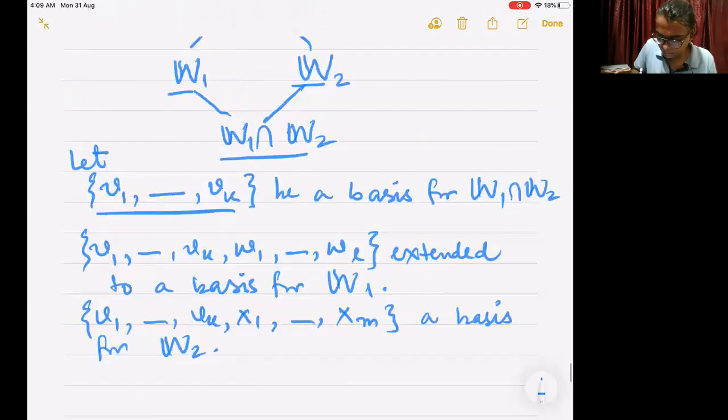So I had a basis for this subspace of W1, so I extend this here and I extend this here. The same basis V1 up to Vk I extend for W1 and also extend for W2, and that gives me V1 up to Vk, and then W1 up to WL, and then V1 up to Vk, x1 up to xm.